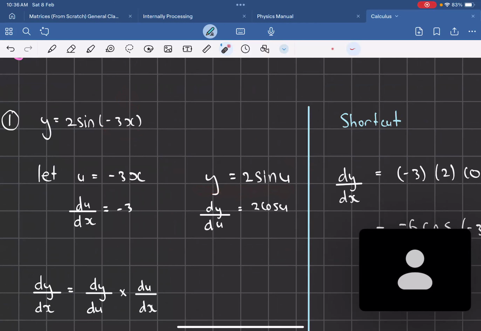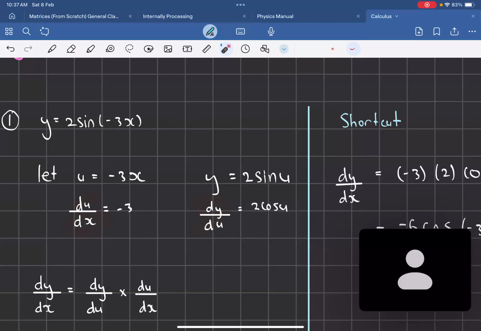By doing that, I have two different rates of change, du/dx and dy/du, both different from dy/dx. If I multiply them, the du and the du cancel off, and I get dy/dx. That always works. Did you know that before?